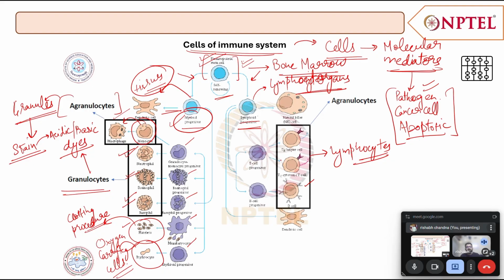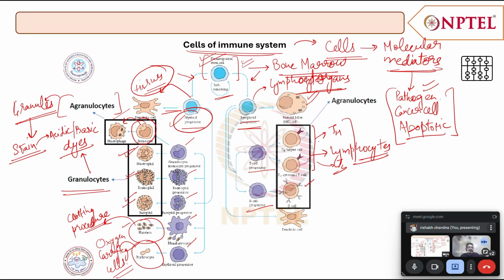Okay. Now going to the lymphoid cells. Lymphoid progenitor gives rise to two kinds of cells. First is the natural killer cells and the other are the lymphocytes, that have the T cell progenitor or the B cell progenitor. The T cell progenitor gives rise to two main kinds of lymphocytes, that is T helper and T cytotoxic cells.